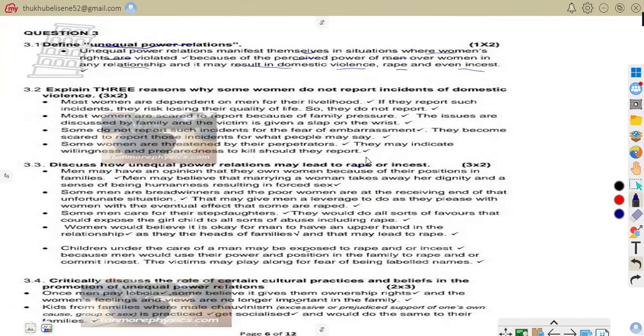So for 3.1, we're talking about unequal power: where one person has more control than another in a relationship. For example, men controlling finances, women not allowed to make decisions.